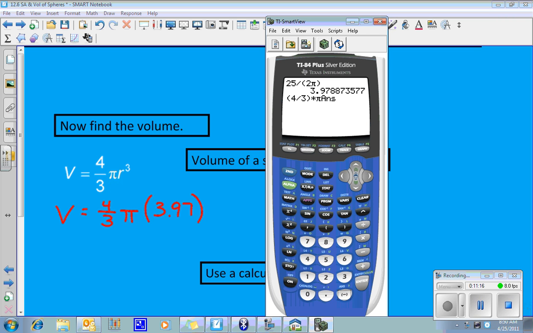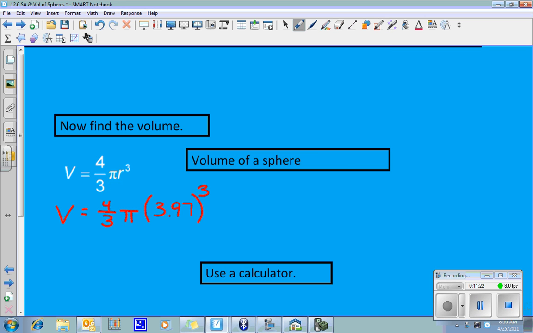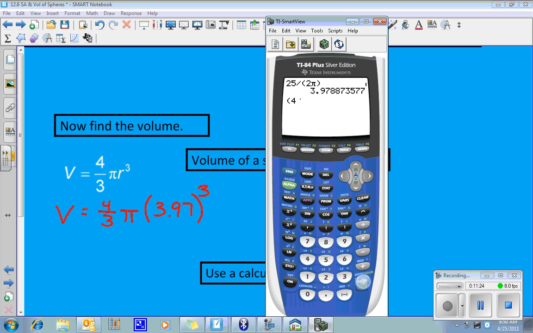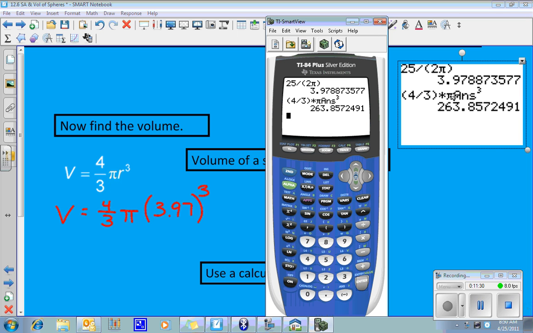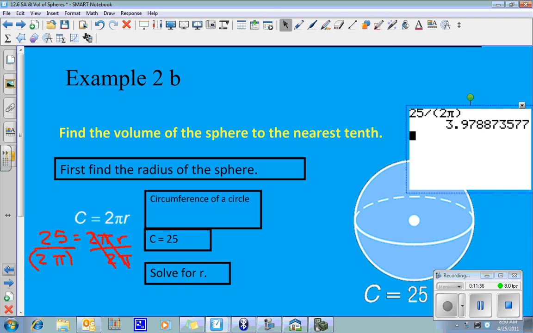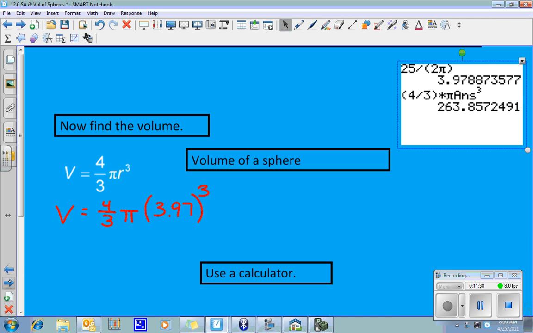And then I'm going to hit raised to the 3rd power, which I didn't write over here, but that's what it is. And then I hit enter. Okay, now that I've got it, I'm going to pull it out over here. And that is my volume, 263.8572. Now, the question is, go back to the beginning, and it said round it to the nearest tenth. So rounding that to the nearest tenth is like before. You look at the tenth place, the first place behind the decimal.